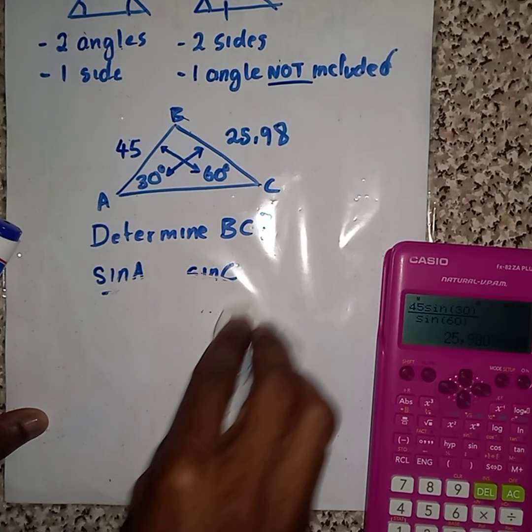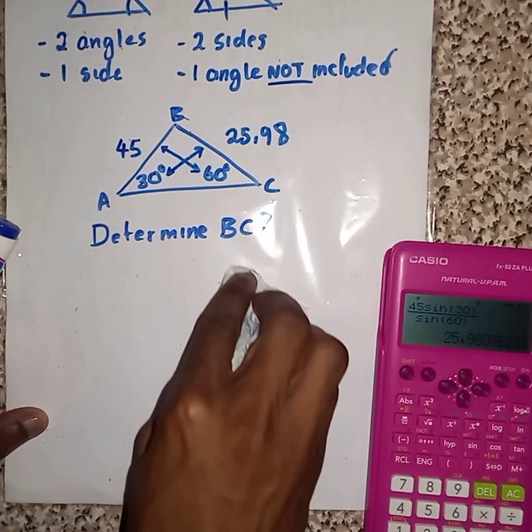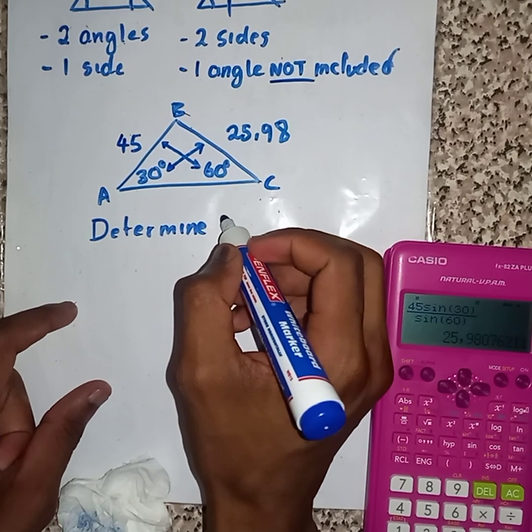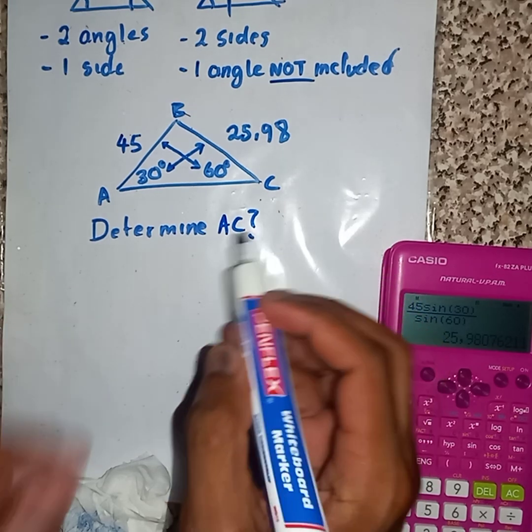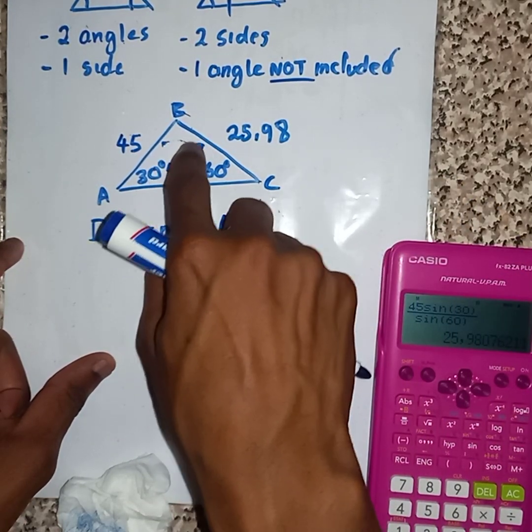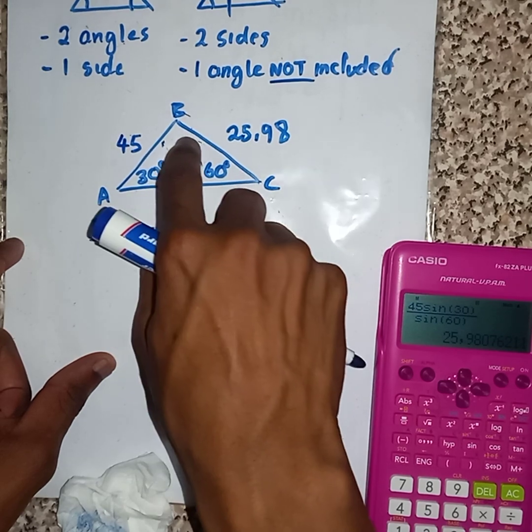Then for us to find AC, it's a continuation. Let me erase those arrows.